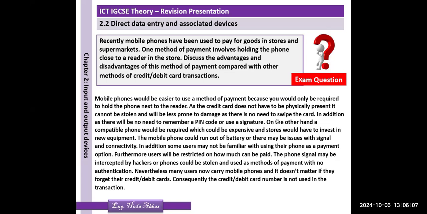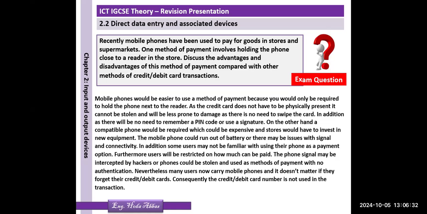Here, for example: in addition, as there will be no need to remember a PIN code or use a signature. On the other hand, this is what we call linking phrases: in addition, on the other hand, as a result, whatever. A compatible phone would be required, which could be expensive, and stores would have to invest in new equipment.